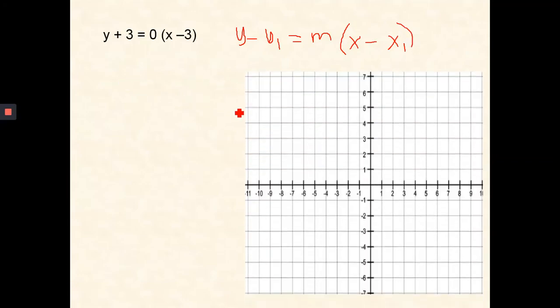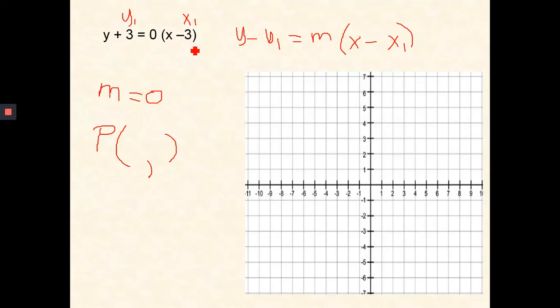Again, before you're going to graph that, we need to know first your slope. And your slope is this one. And that is 0. And then, you need to know the coordinates of the point. So, based from the formula, this is your x sub 1. And this is your y sub 1.